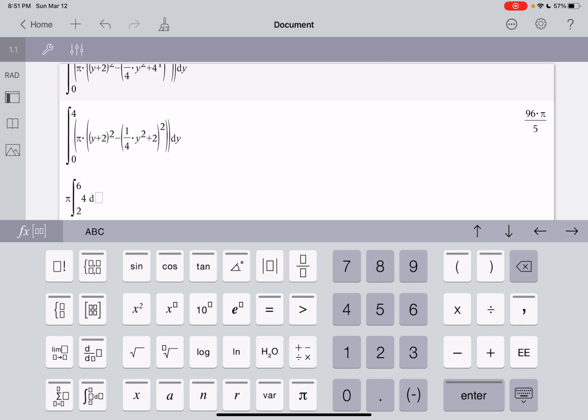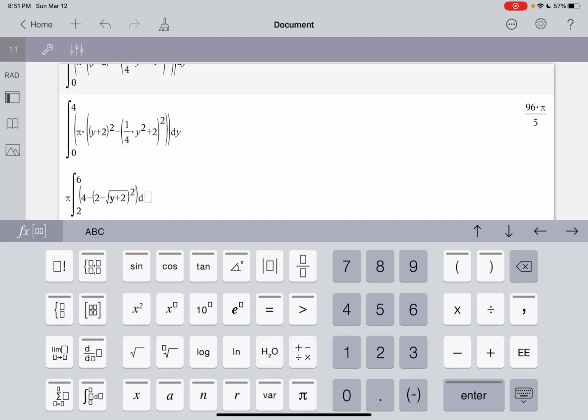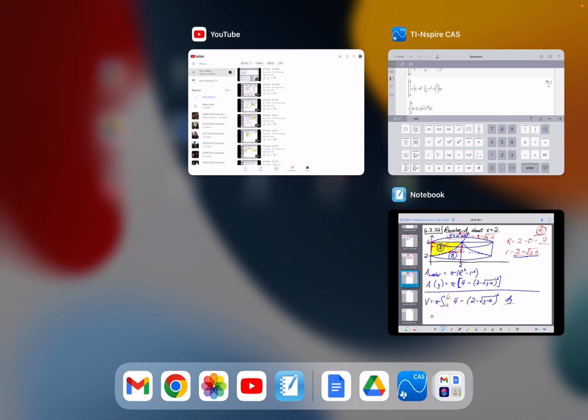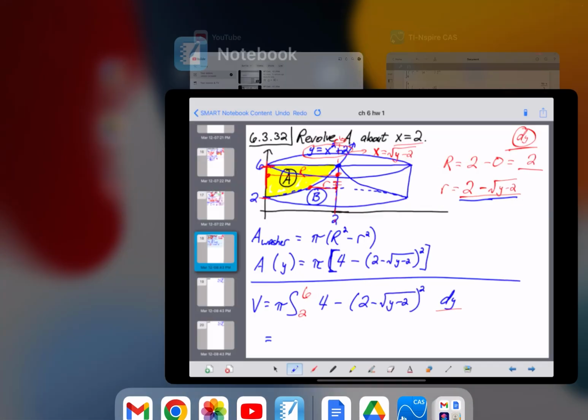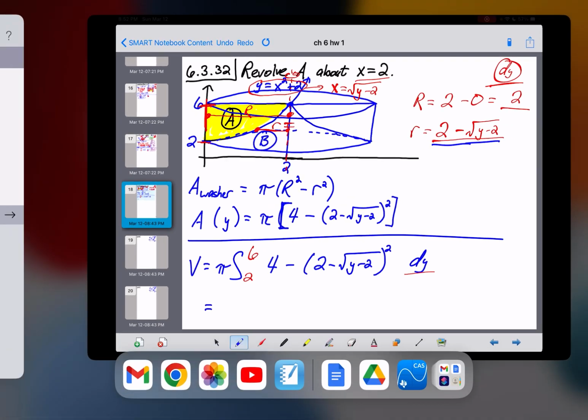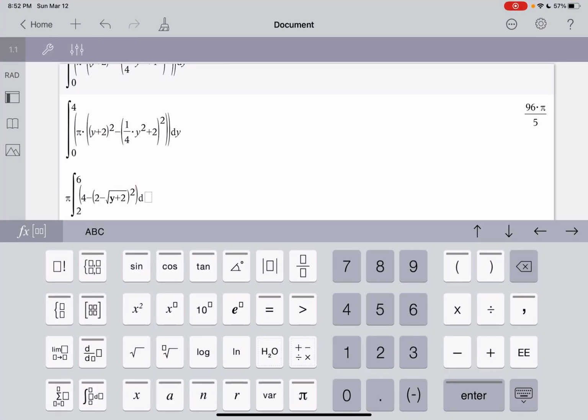So 4 minus, and then in parentheses, it was 2 minus the square root of, and I believe this one was a y plus 2. We'll get out of there and out of that set of parentheses, and then square all that. Ooh, did I get that right? 4 minus 2 minus, oh, those were all minuses right there, and I think I typed in a plus. Yes, I did.